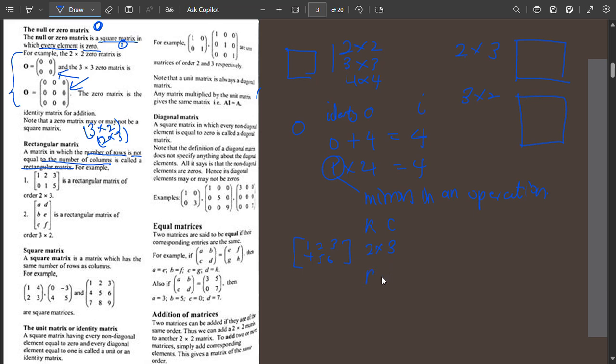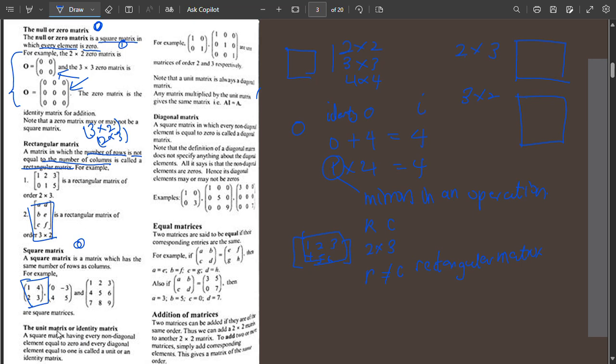Because the number of rows is not equal to the number of columns, we say this is a rectangular matrix. Then you really see it looks like a rectangle. So that's a simpler way to see them. They look like a rectangle. And then square matrices have the same number of rows and columns, so 2 by 2, 3 by 3, 4 by 4, and you see they look like squares. Unlike here, they look like rectangles.